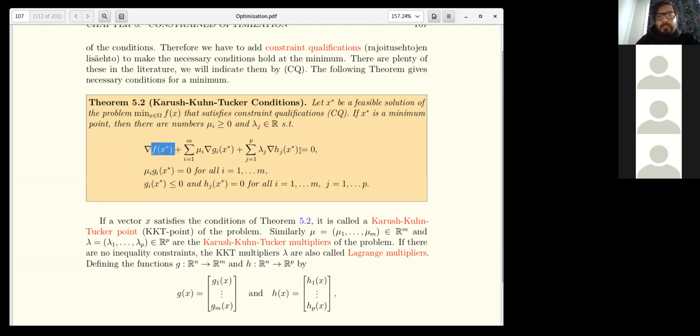The gradient is 0, right? And mu I times g I is 0. Satisfied? Fine. g I at x star is smaller than or equal to 0. It's feasible. And h of x is 0 for all of those h's. So it satisfies.